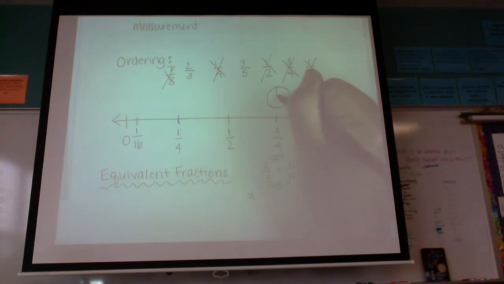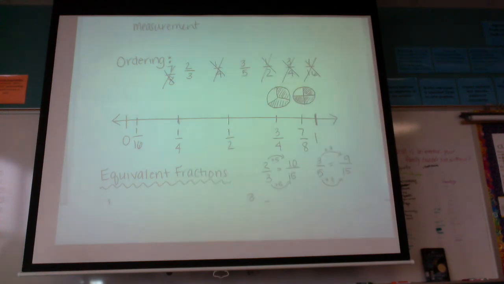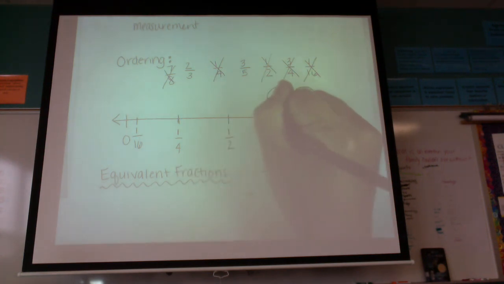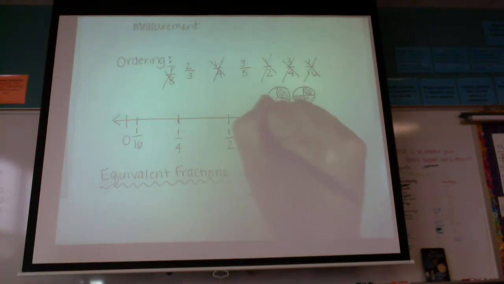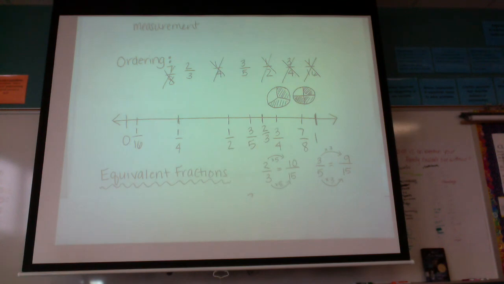One's divided into thirds, and 2 of them are shaded. Which one is greater? Hopefully you see 3/4, so I know 2/3 is going to be somewhere right here, and I know 3/5 is less than that, so that's going to be somewhere here. That's one way that I can use to order. I can draw a picture, I can create equivalent fractions. I want you to use any strategy that makes the most sense to you.